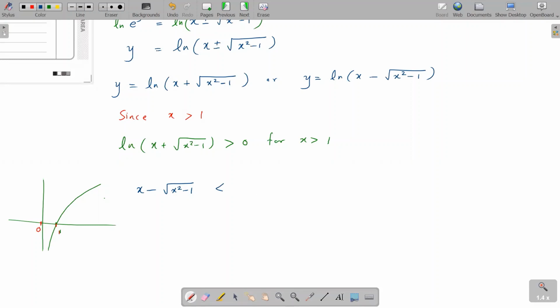Which means if you take the logarithm of a number less than 1, it's going to give you a negative answer. So you can say here, since y is less than 0, they have told you y should be less than 0, ln of x minus root x square minus 1 is giving answers less than 0 for x greater than 1.